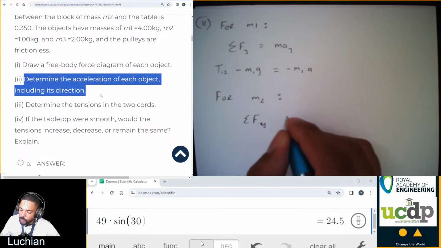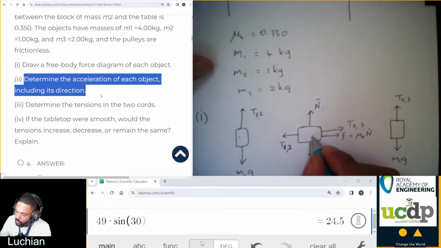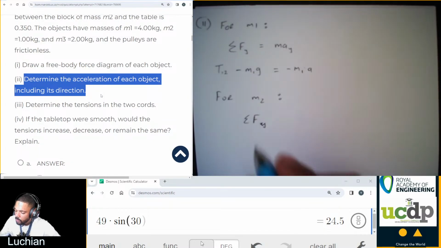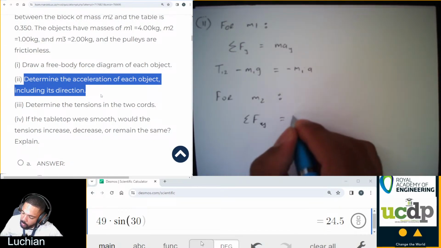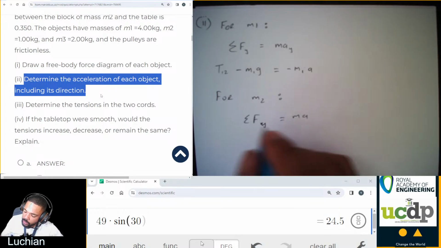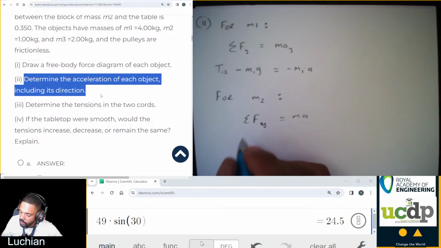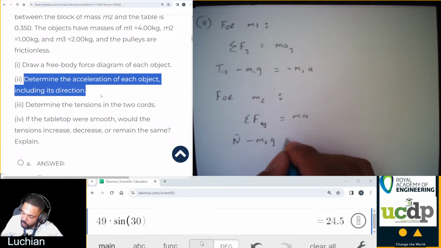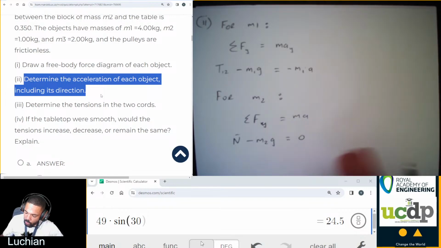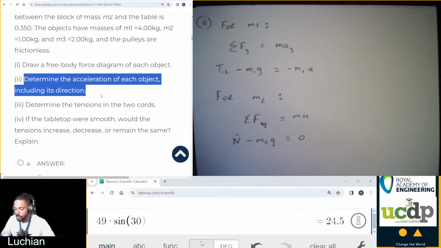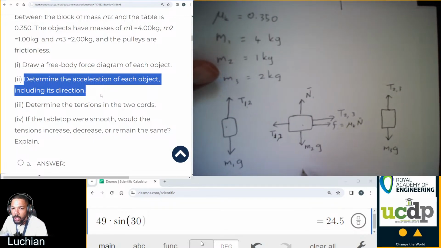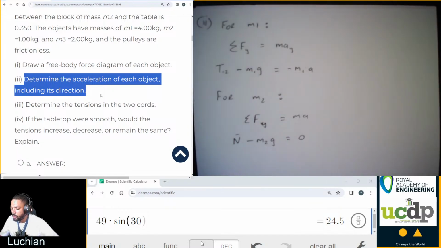The sum of the forces in the y direction for m2 is equal to ma. Now the sum of the forces in the y direction for m2 is just equal to the normal force minus m2's weight, and that is actually equal to 0, because it is not moving upwards or downwards, it's stationary, it's just sliding on the table.